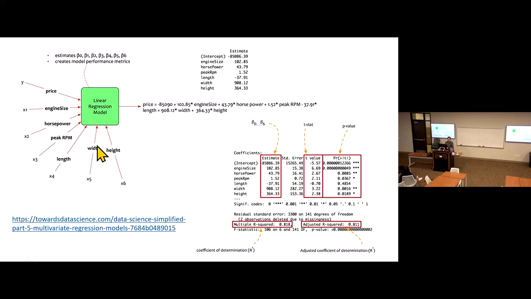Here we have height, width, length, peak RPM, etc., and put together to predict the price of this car. And by combining these variables with different weights, this weight will be given by the beta values. So this is multiple linear regression.